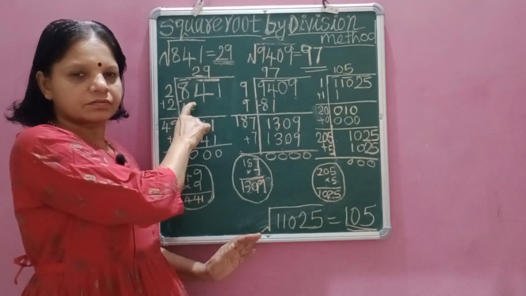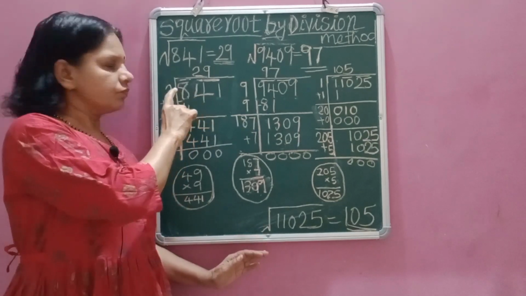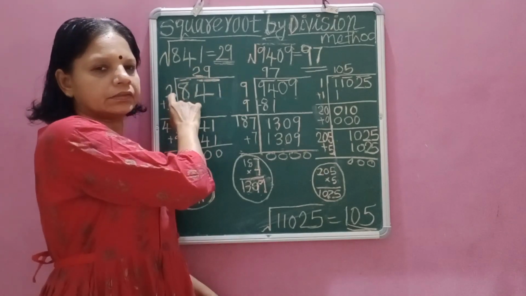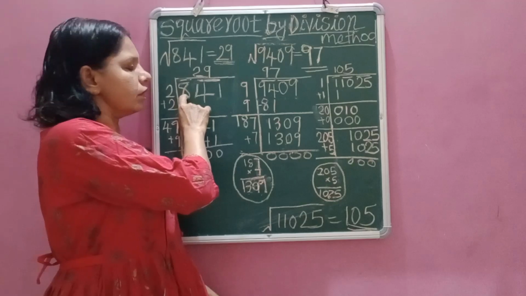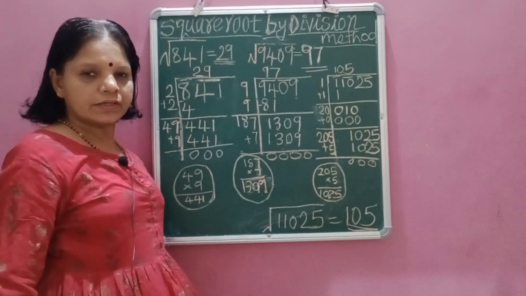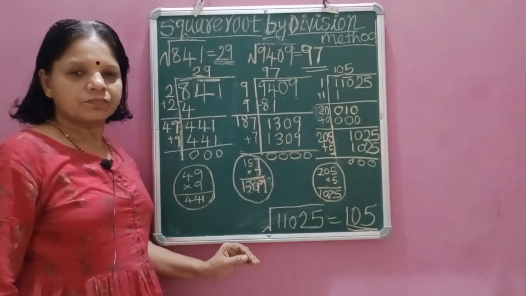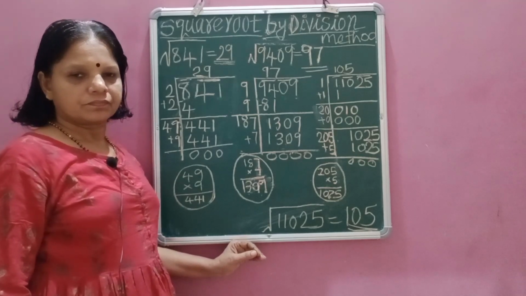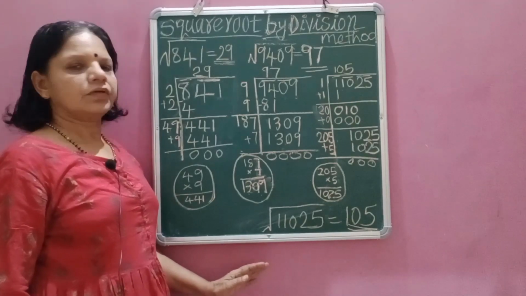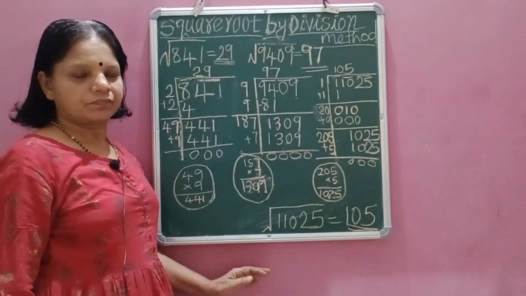In this, if the divisor and quotient are the same, if you multiply that, it should not be greater than 8. So how will you get which is the perfect square less than 8, that you will be considering.